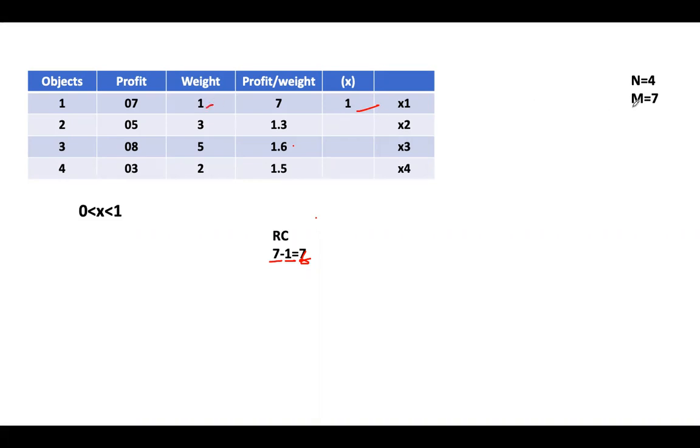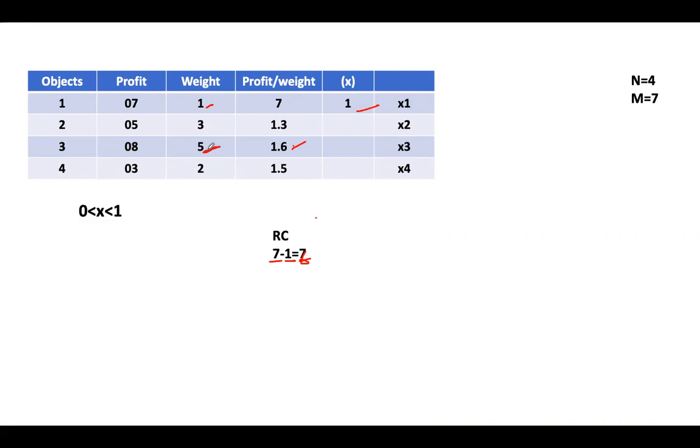What is the remaining amount in the container? Remaining kg left in the container is 7 minus 1. So 6 kg space is left in the container. Next, the maximum profit weight ratio is object 3. So we have to consider object 3. When you consider object 3, it will consume the space 5.